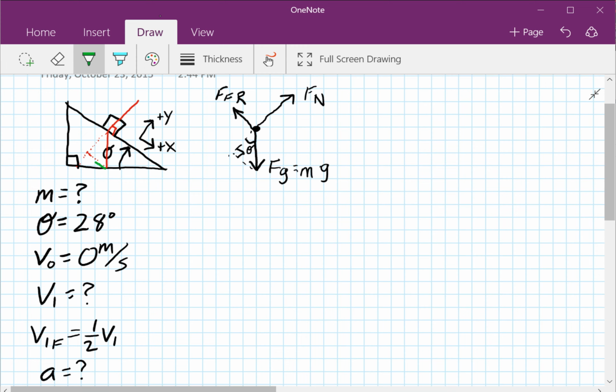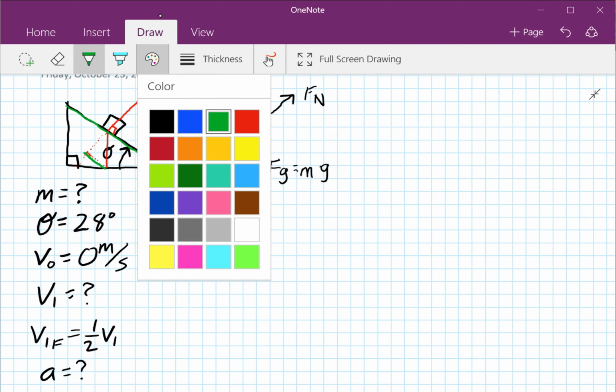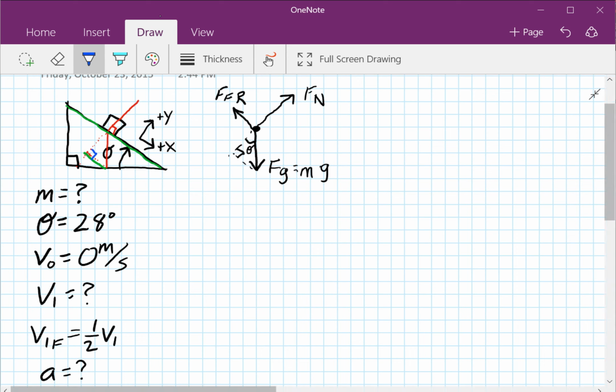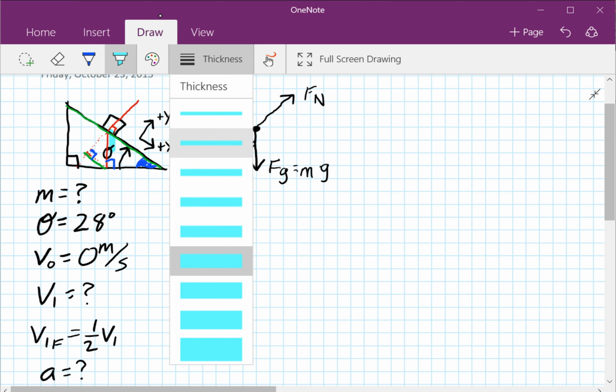This line in green right here is parallel to the ramp, which means you have to have a perpendicular angle right there. So whatever this angle is in this blue area I'm marking here, that plus 90 would equal this space. Well, if this is 90, let's make this smaller.